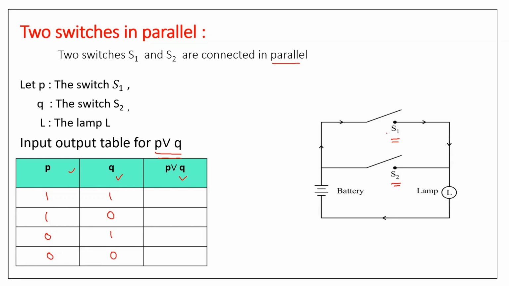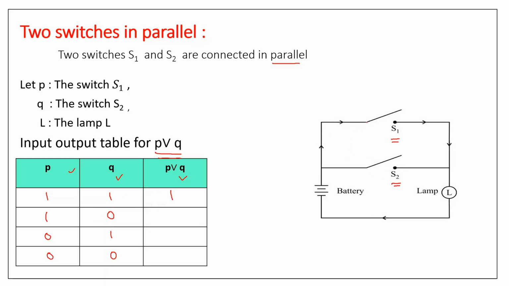Now see this diagram. If any one of the switches is closed, then current can flow through the circuit, because there is an option. If both are closed, the lamp will glow.